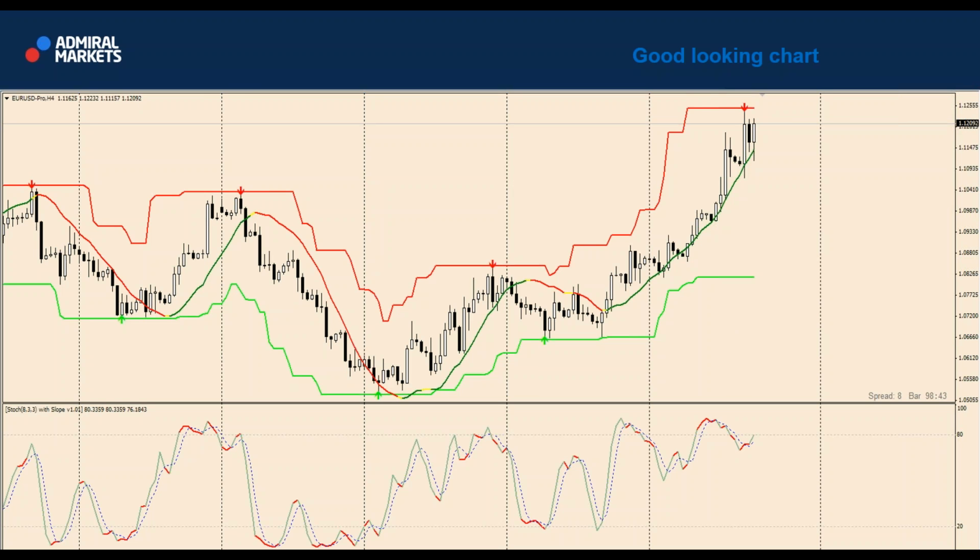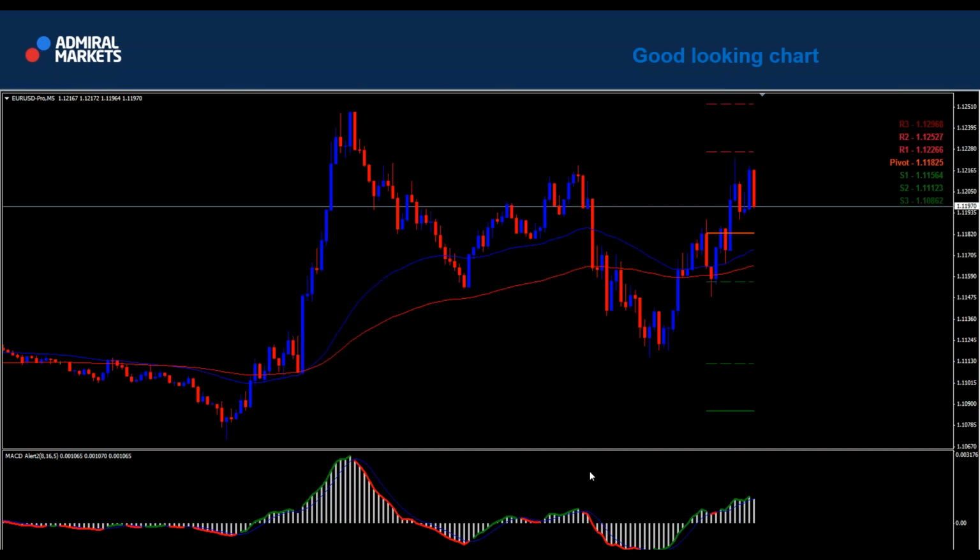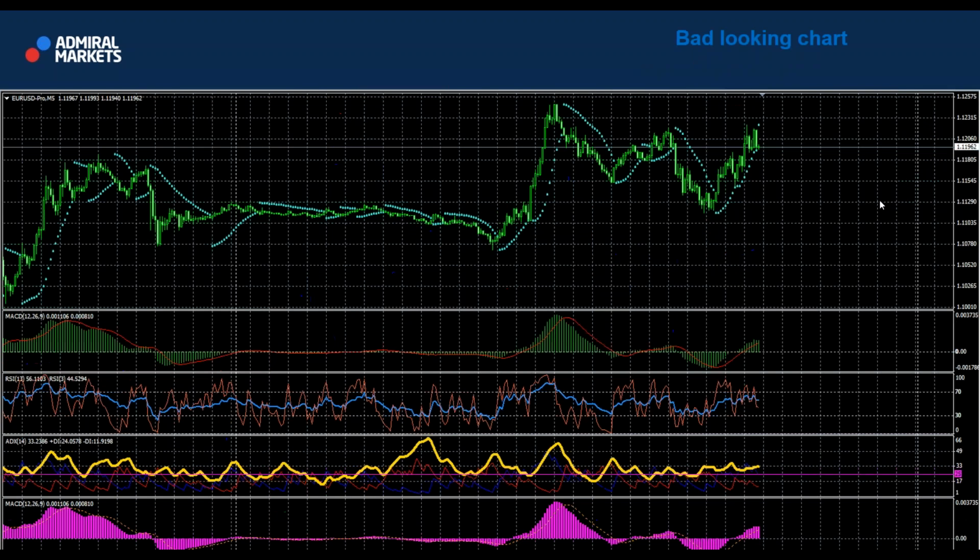But the problem is, what if we encounter something that is not looking good? This is also good. Okay, 2 EMAs, a simple MACD, and a static pivot indicator. And watch this, guys. I've been looking at these kinds of charts for more than 5, 6, 7 years. I know about this.